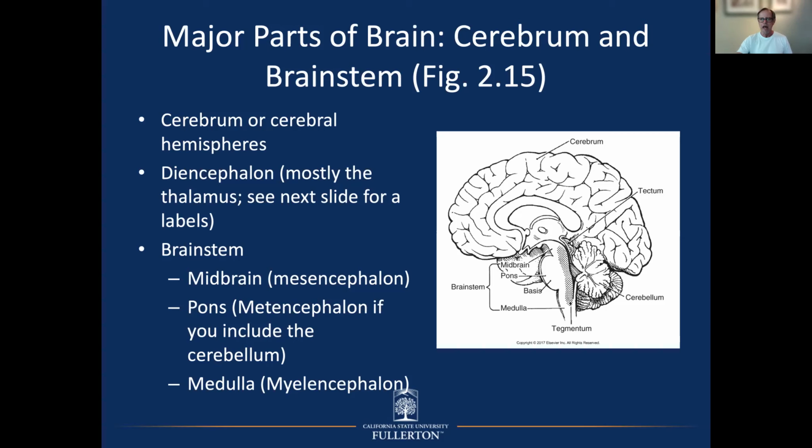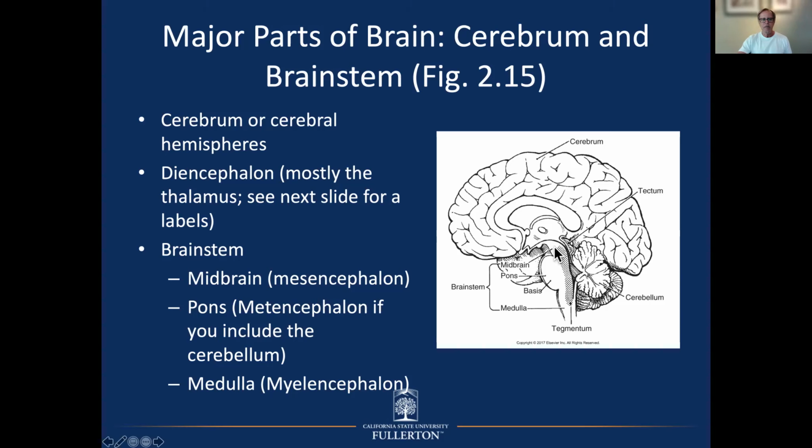And then the brainstem connects the cerebrum and the diencephalon with basically the rest of the body, whether it is the head and the face or the rest of the body. So there's a lot of pathways, and there are also some structures within the brainstem that actually process information. They don't just simply carry it, but they process it. We'll look at that. But right now we just want the labels.